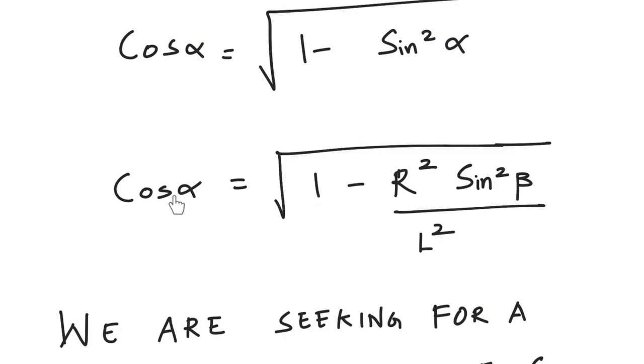So for cos alpha to be minimum, this should be maximum. See, R square is a constant, L square is a constant. Beta is something which changes, but it doesn't matter what the variation in beta is, the maximum value of sine square beta is always going to be 1.